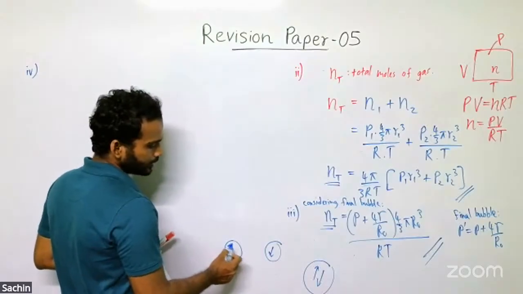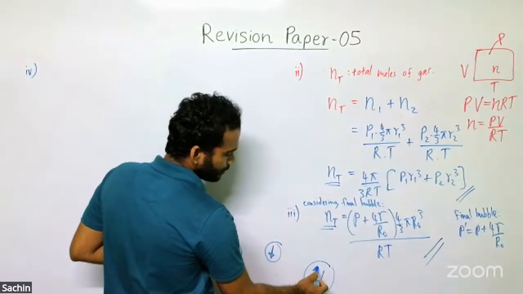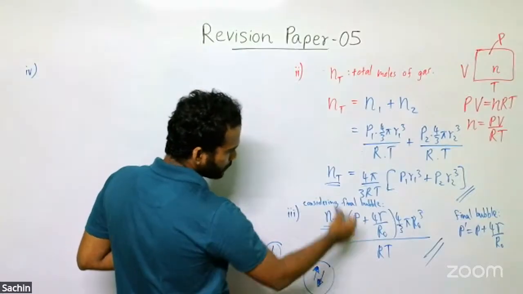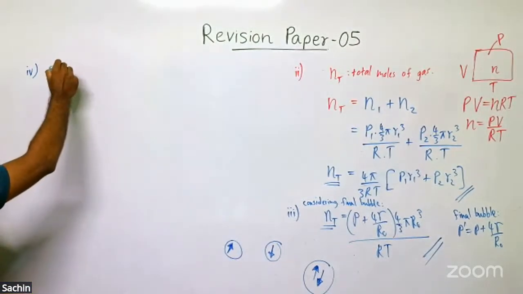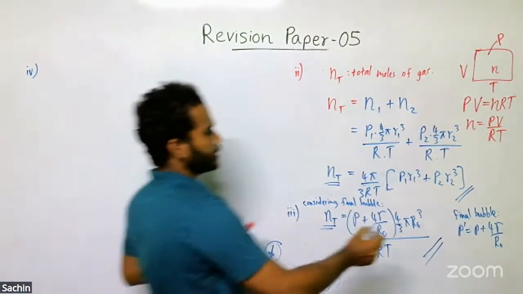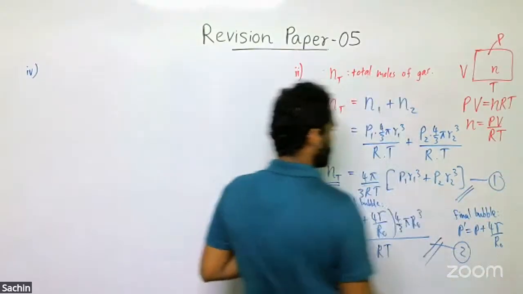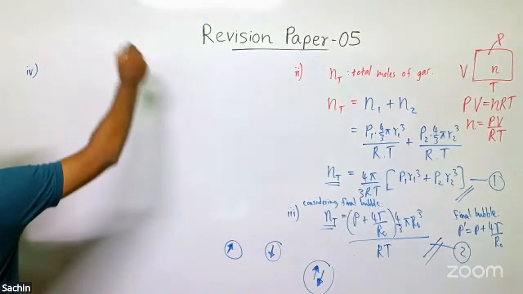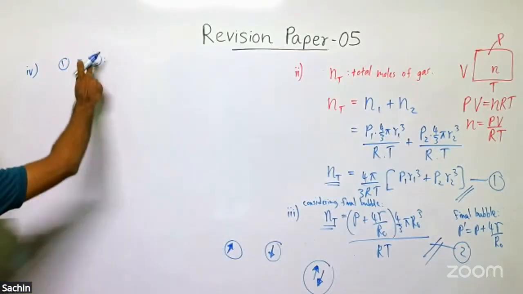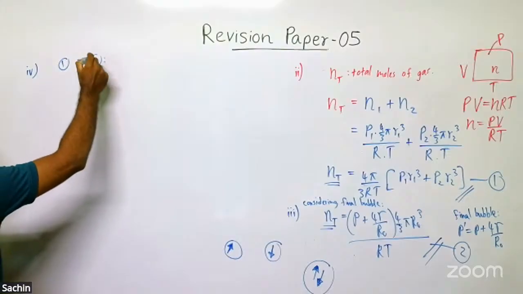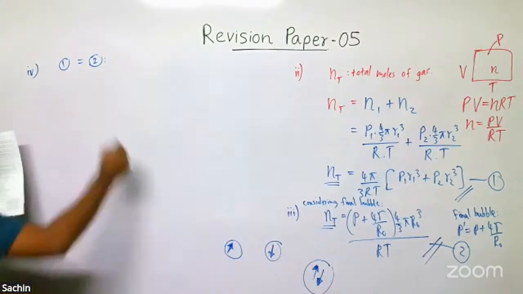If this is some amount, and this is another amount, the sum of the amounts should be here. So this N T should be the same. So just equate them. Let me take this relationship as the first one, and this as the second one. If it is the same, then one should be equal to two. That is how you hence prove, using the previous results.